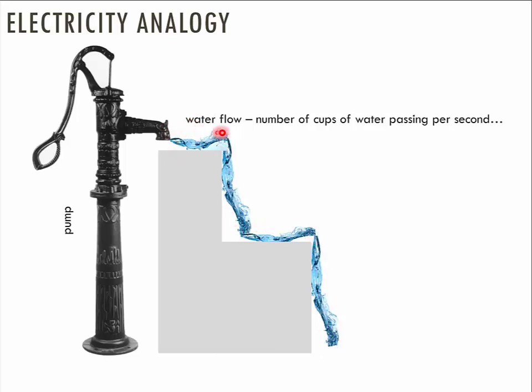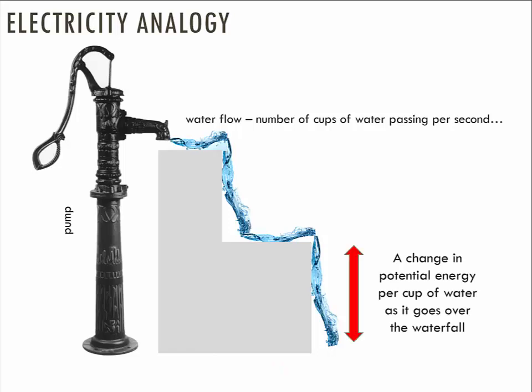So the flow of water can be thought of as the number of cups of water passing per second. And if we looked at one of these waterfalls, we might see that there was a change in potential energy per cup of water as it goes over the waterfall. That's a quantity that we could put a number to.